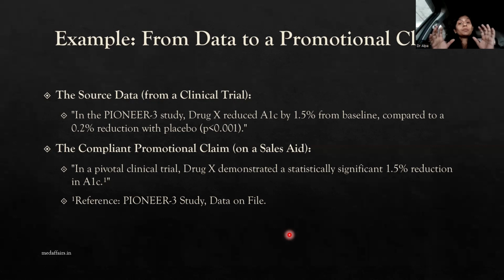So the promotional claim which you can go ahead with and which is compliant with the regulatory guidelines would be, in a pivotal clinical trial, drug X demonstrated a statistically significant 1.5% reduction in A1C, superscript 1. And below you have to add this reference, Pioneer 3 study.